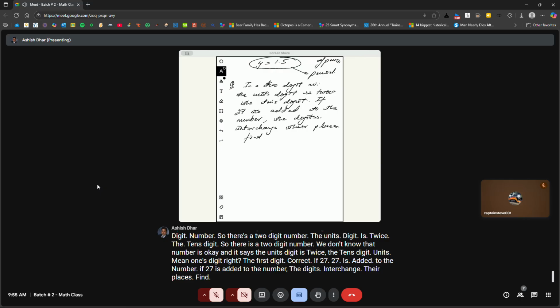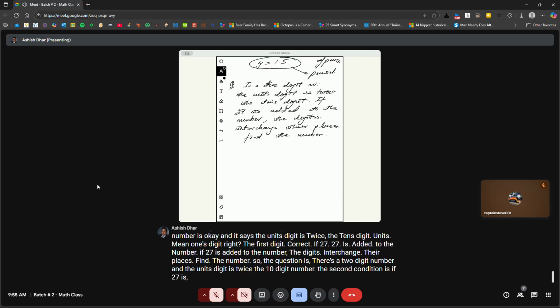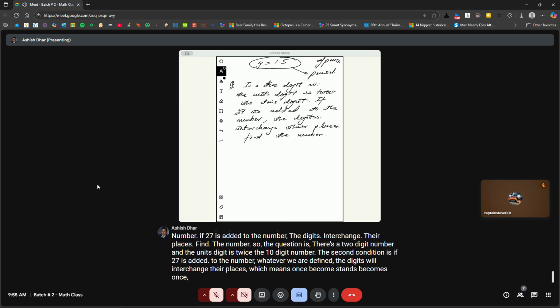Find the number. So the question is, there's a two-digit number and the units digit is twice the tens digit. The second condition is if 27 is added to the number, whatever we have to find, the digits will interchange their places, which means ones becomes tens, tens becomes ones. You have to find the number.